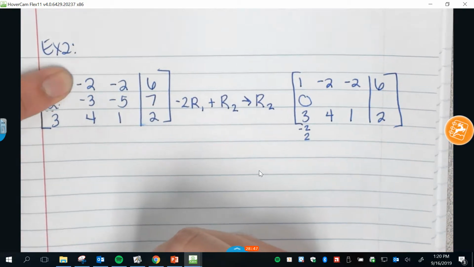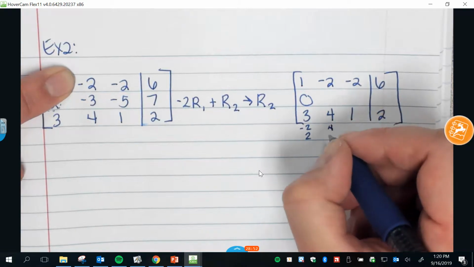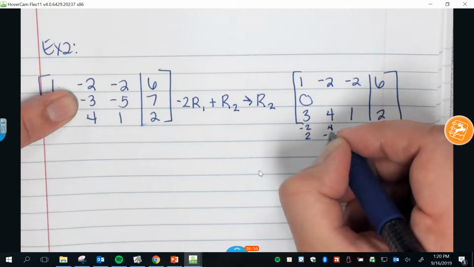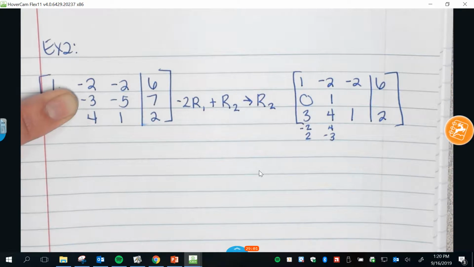All right, then you move on down the line. -2 times the next one, so -2 times -2 is +4, plus row 2, which is -3. 4 and -3 make 1, right?